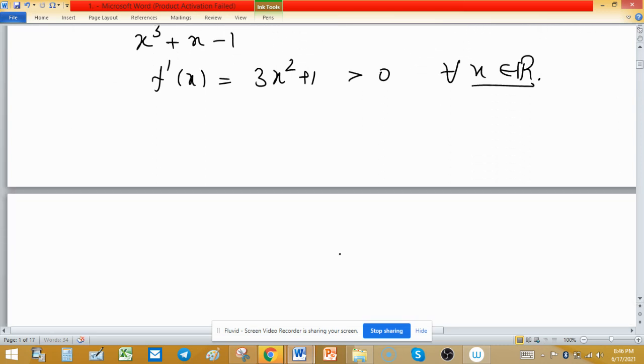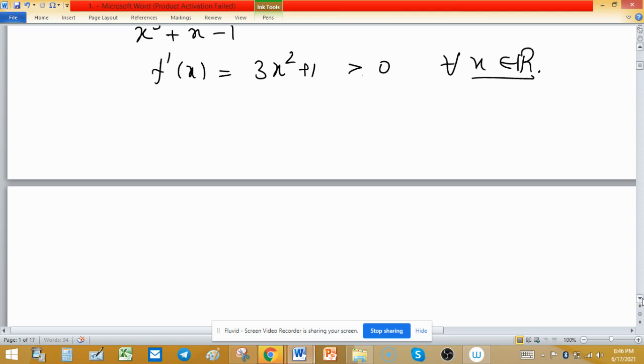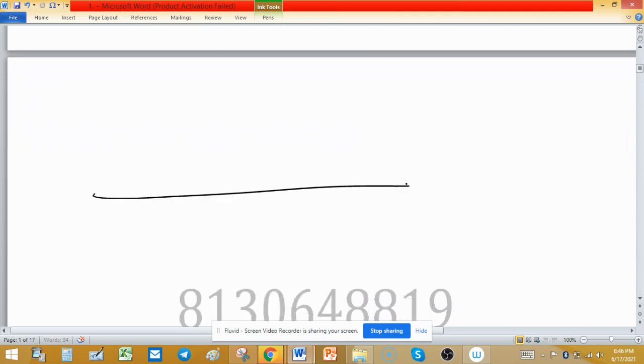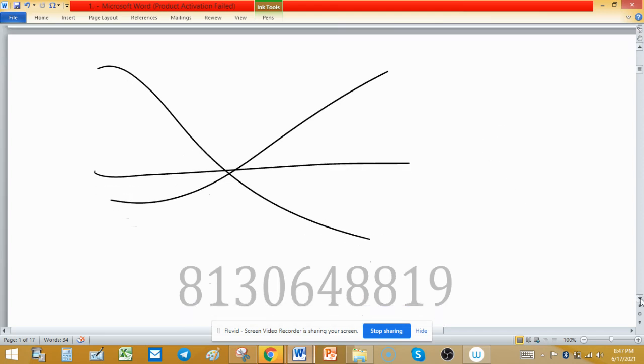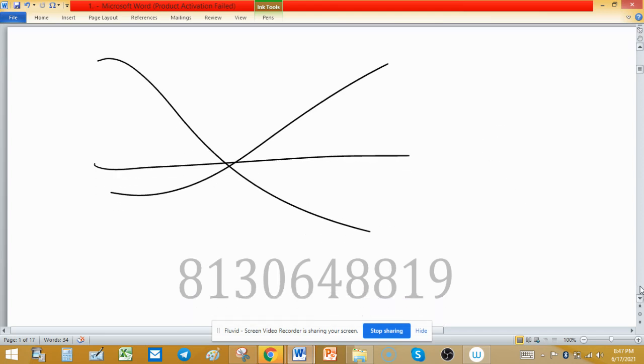So if a function is increasing or decreasing, it tells us the function will intersect the x-axis at at most 1 point, because in the entire domain the function is increasing. So the function intersects the x-axis at 1 point only, so only one real root.